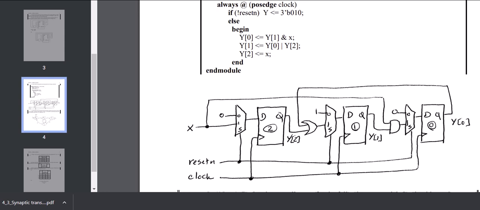Okay, but else. Reset in is our select. So whatever reset in is, that's what's telling you what you're going to get. If reset in is 0, then what's coming out is going to be whatever comes into the 0 of the multiplexer.